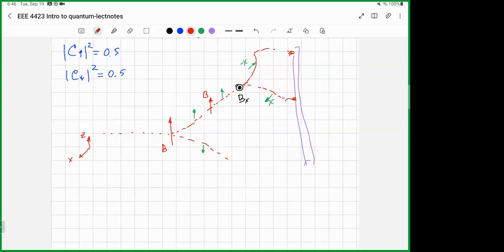But since the x, y, and z directions in space, in nature, are equivalent, it doesn't really matter which direction we denote as z, x, or y. The same happens in all three orientations.